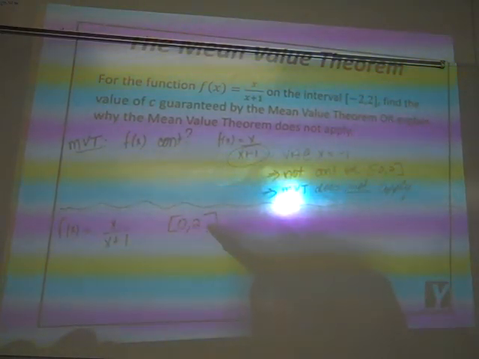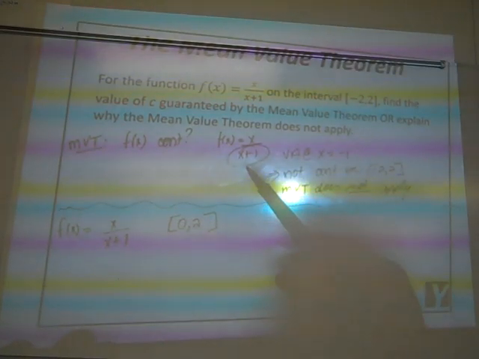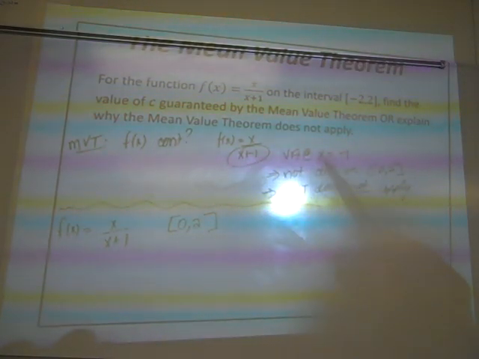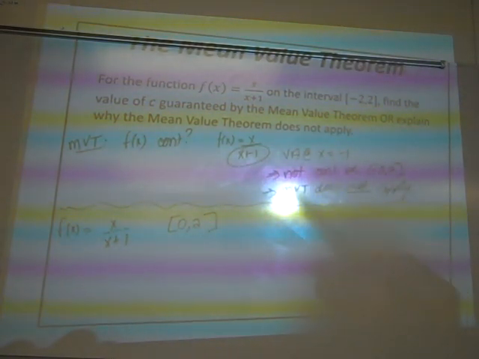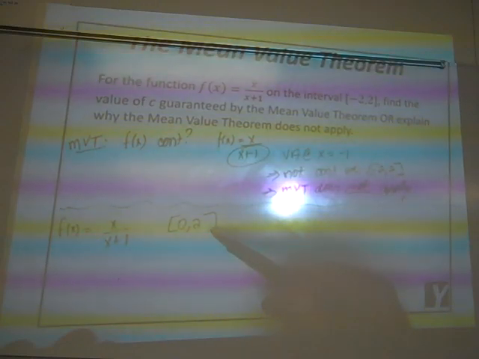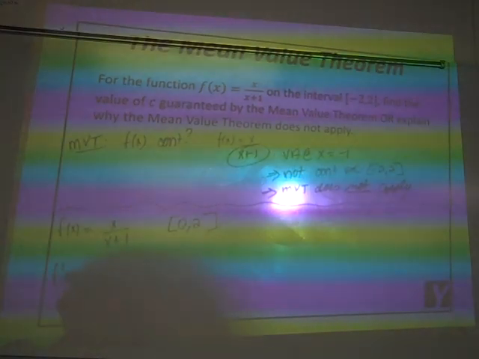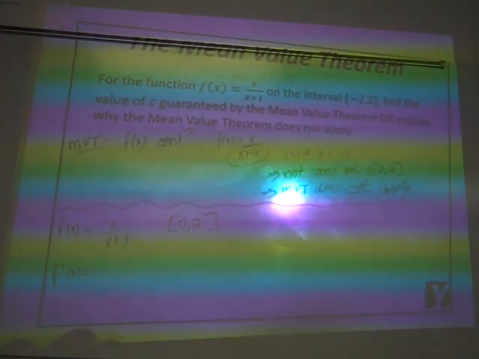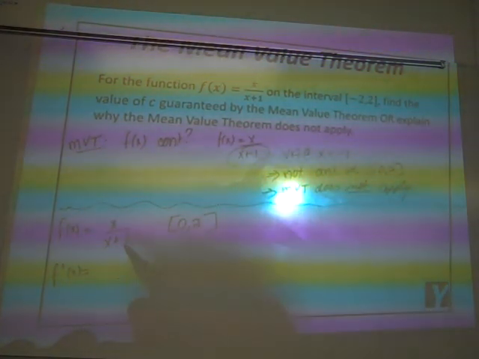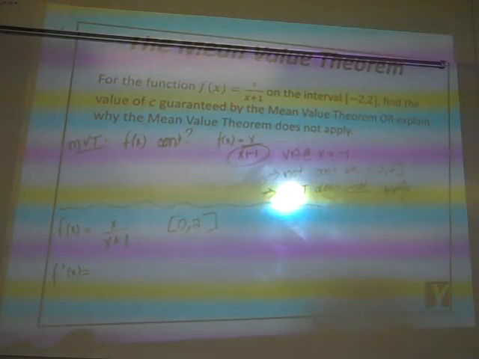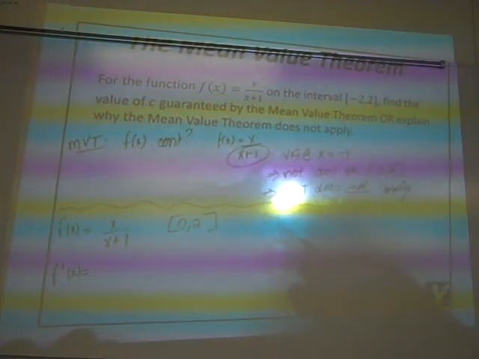We've already established earlier that this function has a vertical asymptote at negative 1. Because I've changed the interval, negative 1 is not in that interval. So now the next move would be, let's check to see, does the derivative exist? So we're going to take the derivative. And the derivative of x divided by x plus 1, that means I'm going to need to use my quotient rule.